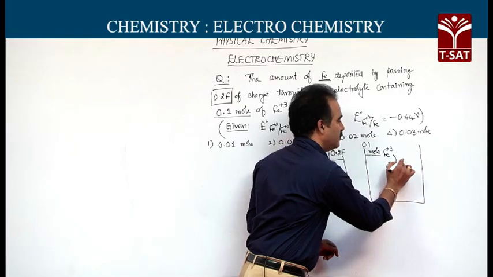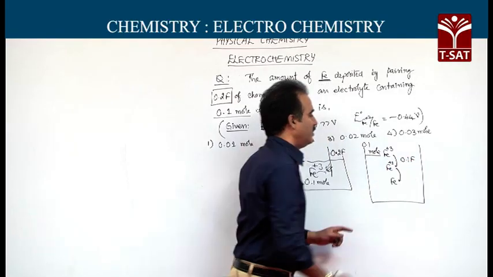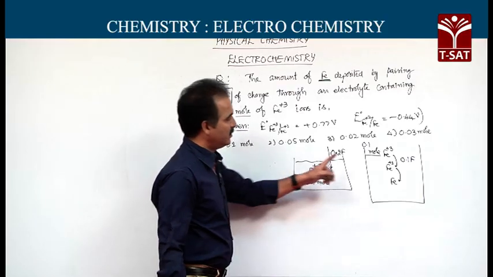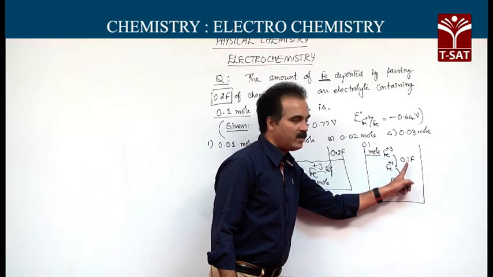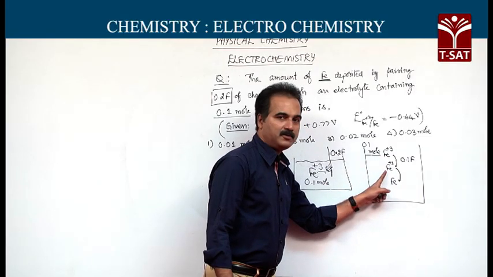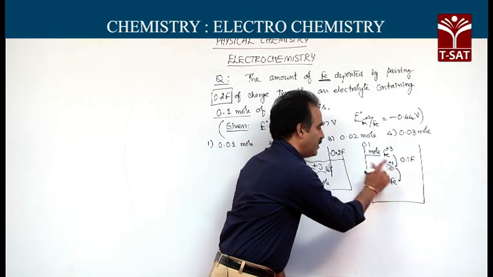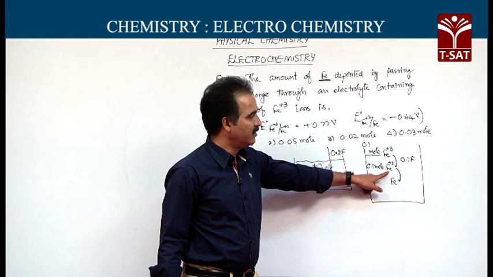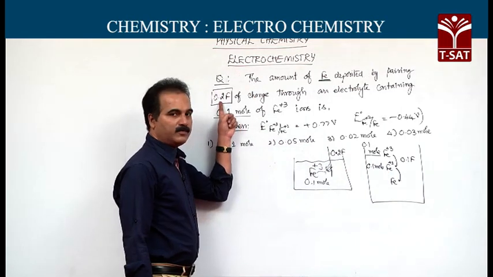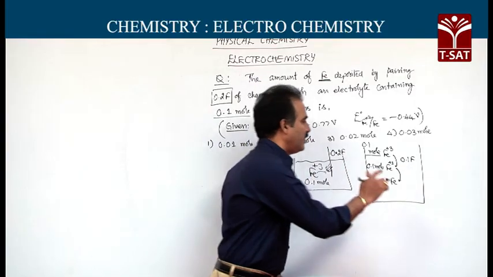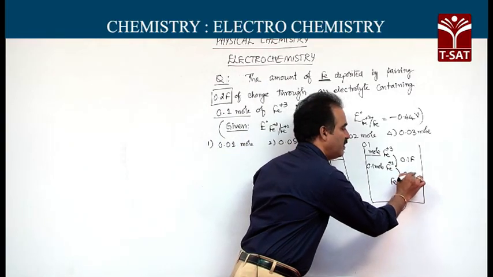For 0.1 mole of ferric ions, we need 0.1 Faraday only. So, first 0.1 Faraday is used up, out of 0.2 Faradays. 0.1 mole will be reduced to ferrous, and the ferrous obtained will also be 0.1 mole. Out of 0.2 Faradays, 0.1 Faraday is already used up and only 0.1 Faraday is left.